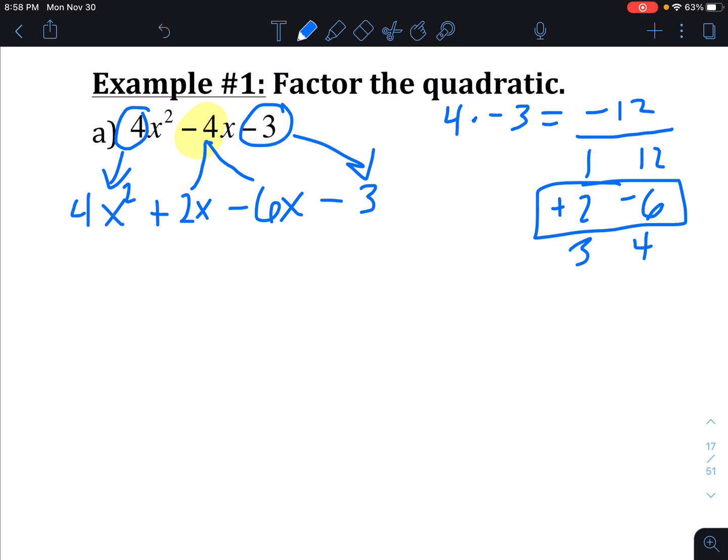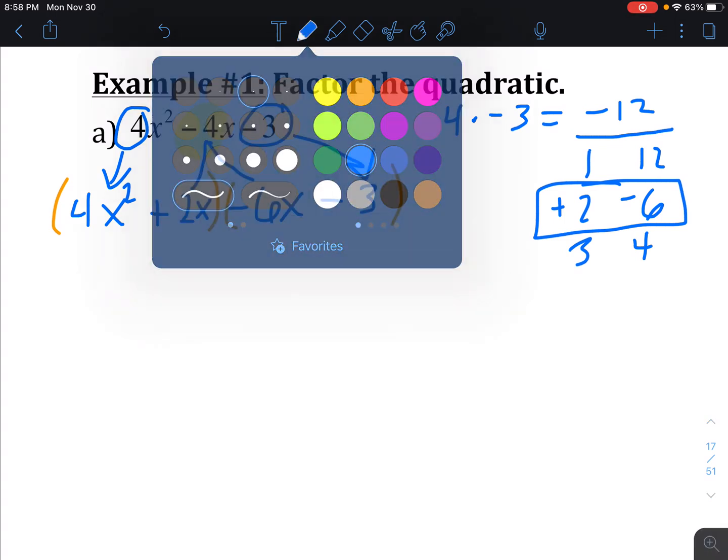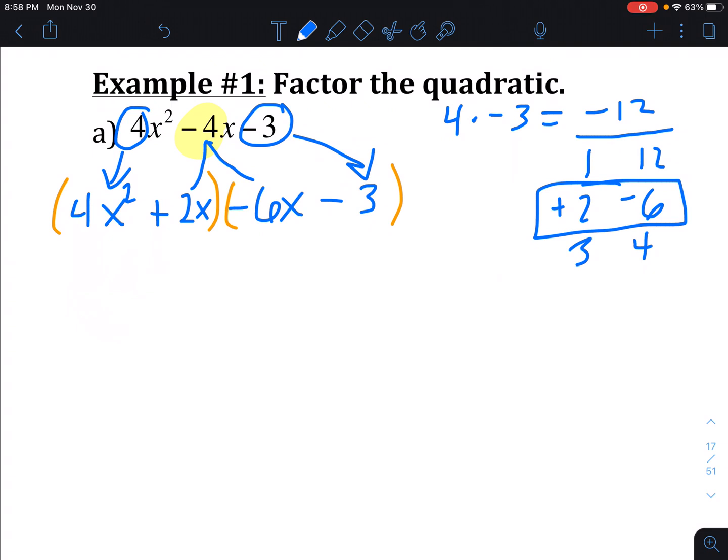And what we have to do next is factor twice, in other words, GCF twice. We're going to make two sets of parentheses, and we're going to pull out the GCF of each of those terms. The GCF of the first parentheses, 4x squared and 2x, is 2x. Remember, it's the smallest exponent.